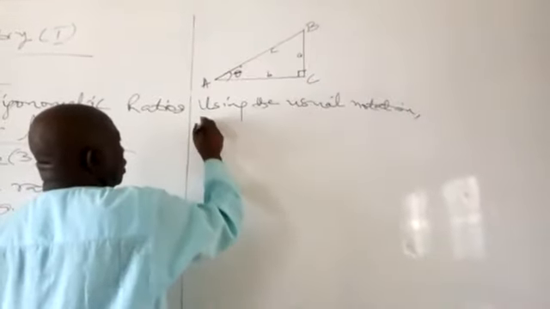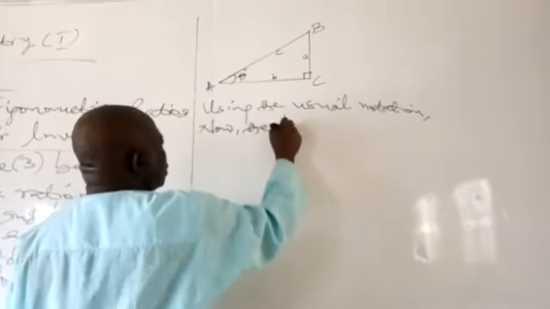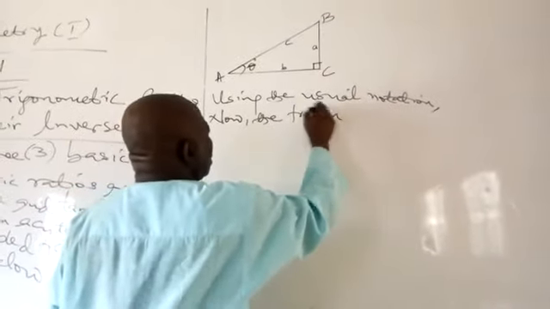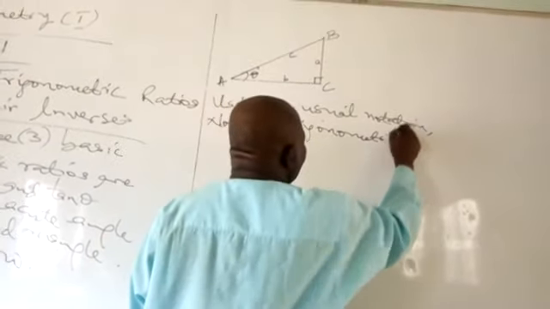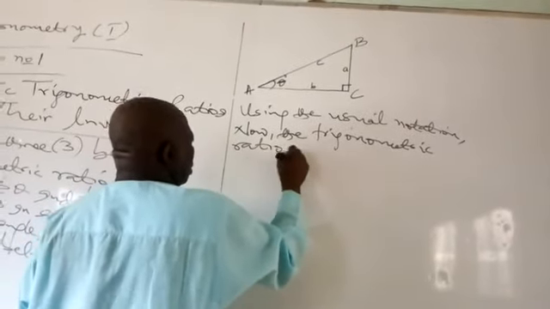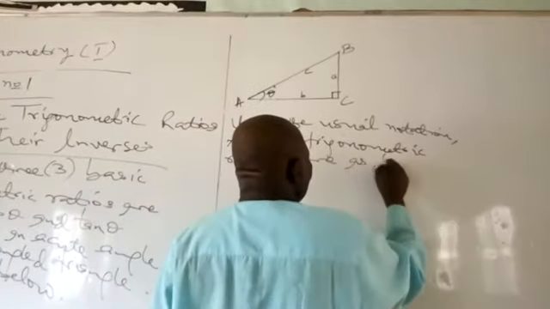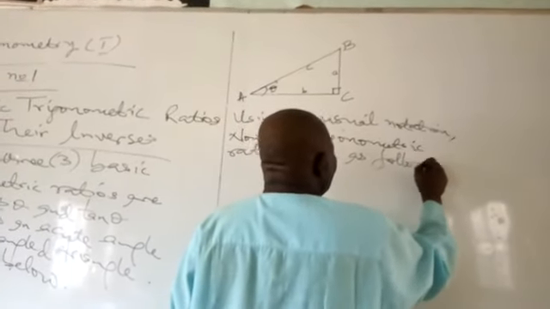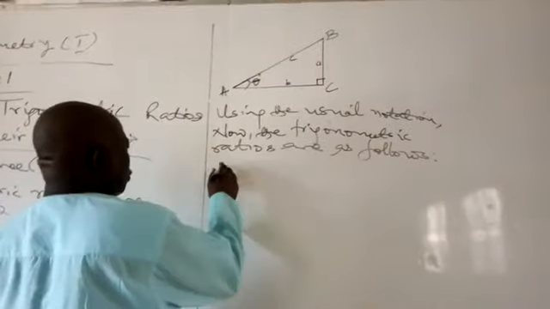Now, the trigonometric ratios are as follows. Now I start with sine theta.